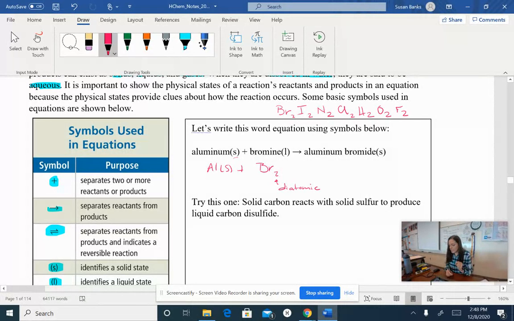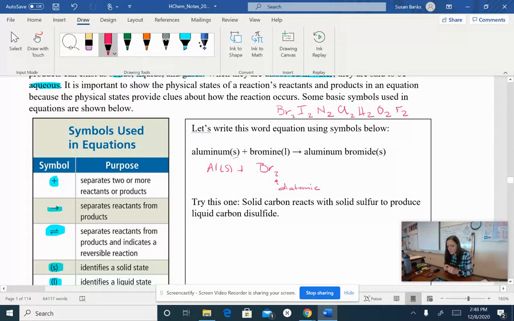Now, all of these gases can bond with other things and bond with any number. So they could have a 1 or a 3 or a 4 or 5. But when they are by themselves, meaning that they are elemental, they bind to another atom in groups of 2. This is what I mean by diatomic.